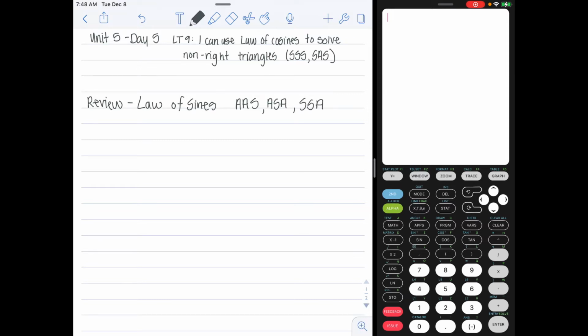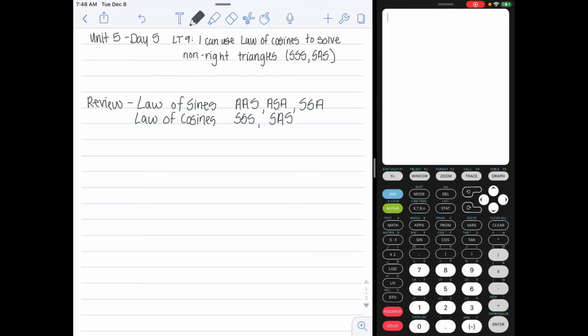That's the ambiguous one. And then today we're going to be using law of cosines, and that's going to work with our side, side, side, and side, angle, side triangles, okay?